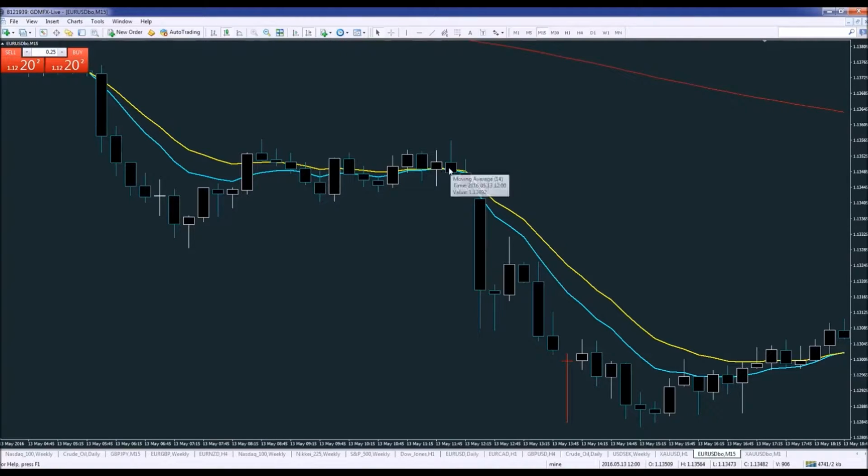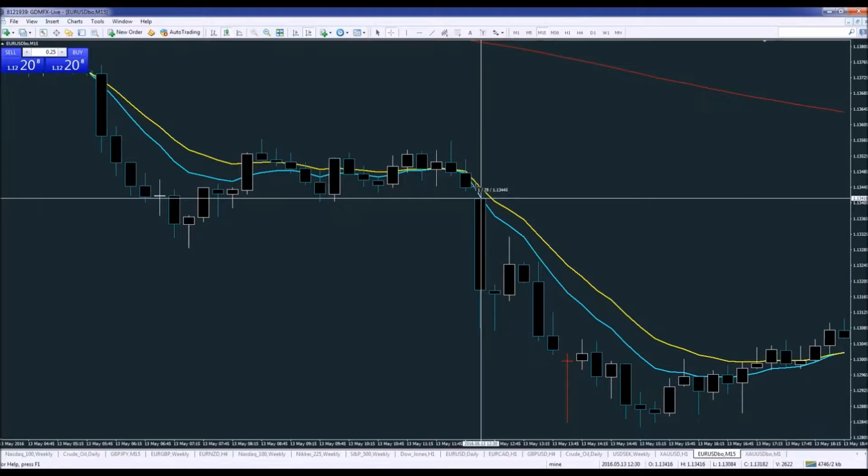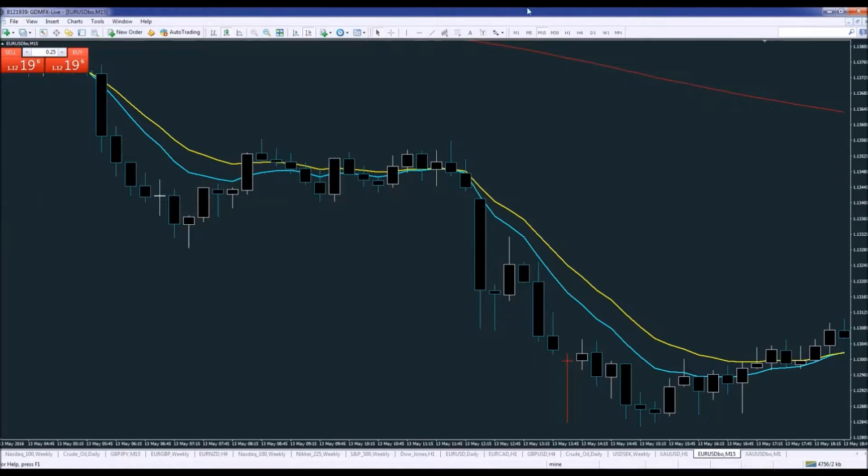So when this crossover occurs, it occurs on this candlestick here. And there is a huge gap, as you can see, of about 2 pips on the 15-minute chart. It's visible very widely here because we've zoomed in as much as we can for an easy view.